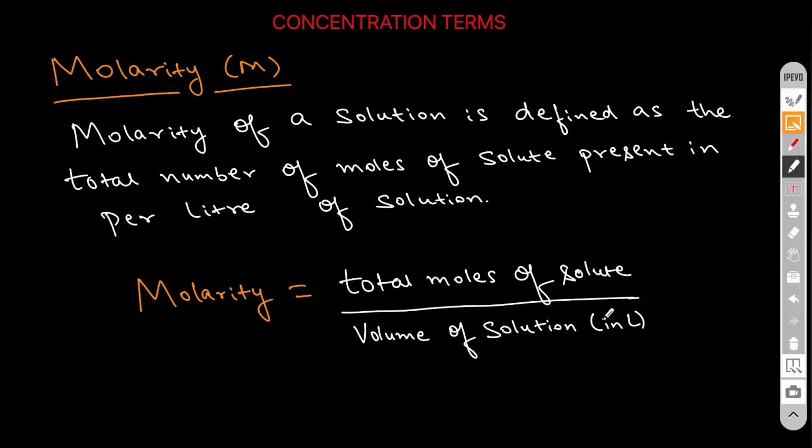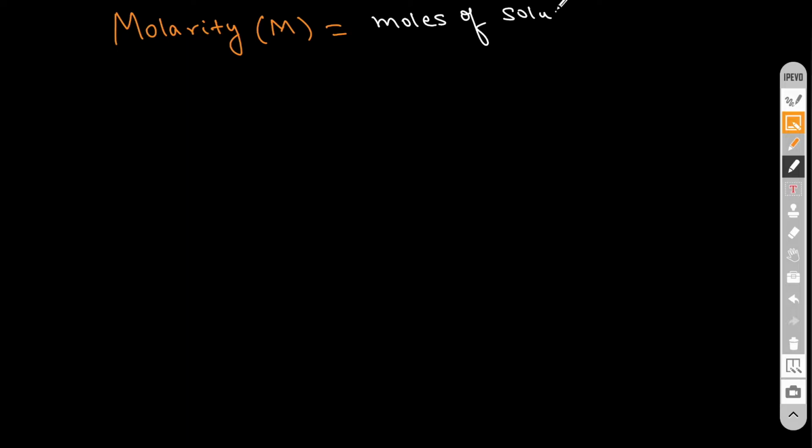because it is per liter of solution, right? So volume of solution should be in liter. This is important. Now moving further, we'll write molarity, which is denoted by capital M, is equal to moles of solute divided by volume of solution in liter.